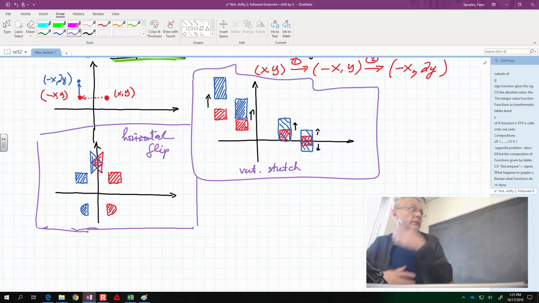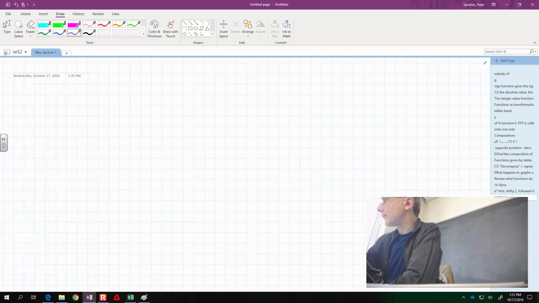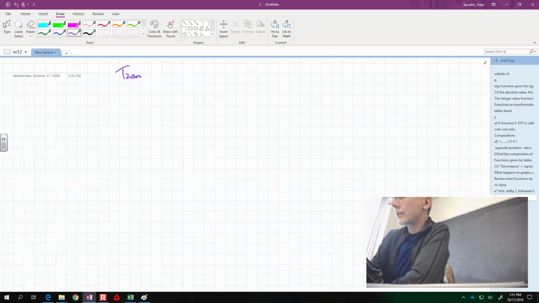They are compositions, so if you know how to flip, stretch, and shrink, then you can combine them into anything you want. But our real interest is what happens to graphs of functions. So let's look at a few graphs and see what happens to them under these 6 operations. Okay, so graphs, transformations of graphs.